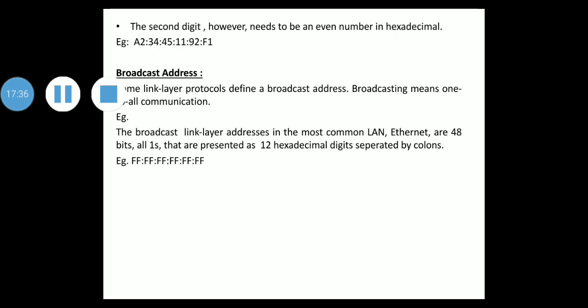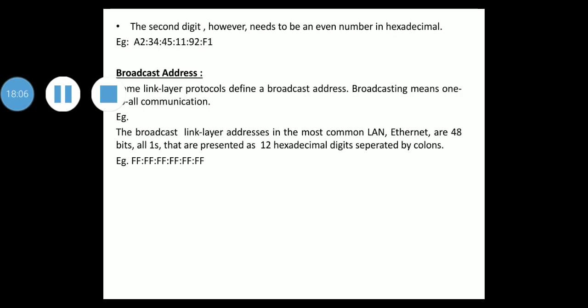For example, the broadcast link layer address in the most common LAN, Ethernet, is 48 bits, all ones, presented as 12 hexadecimal digits separated by colons.